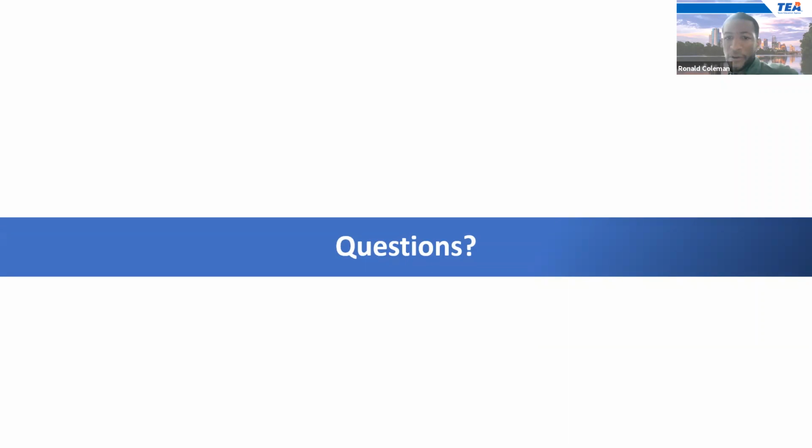Before I find the next question, I do want to let everyone know here, all 174 participants, if I have missed any questions here by the time we finish in another minute or two, you can email questions to gyo.grant@tea.texas.gov.